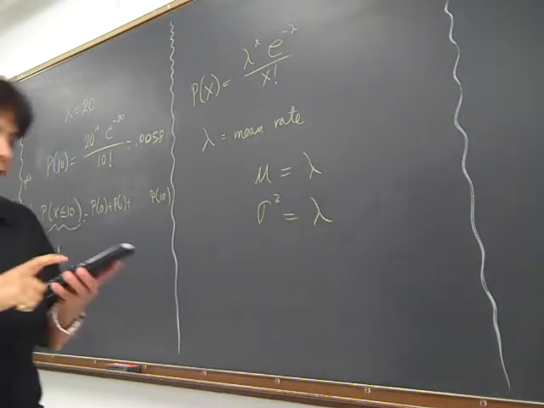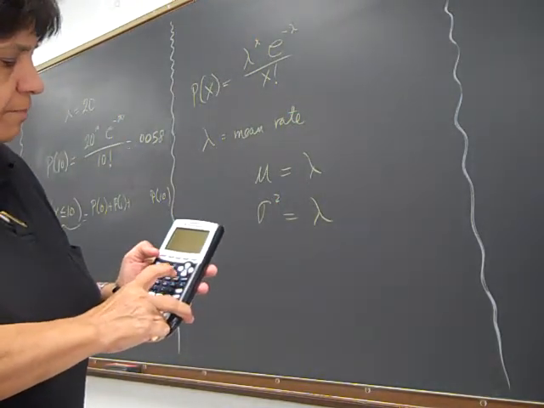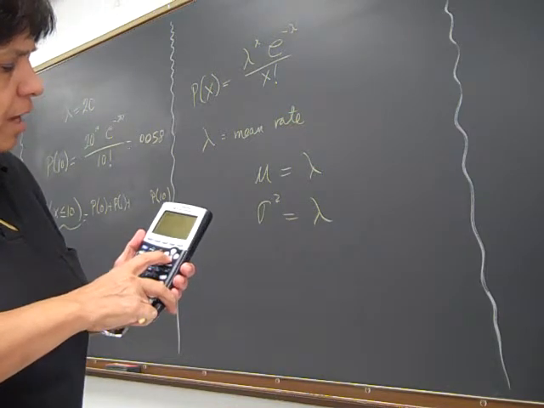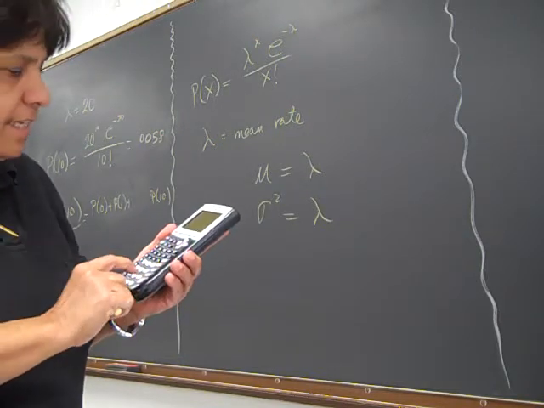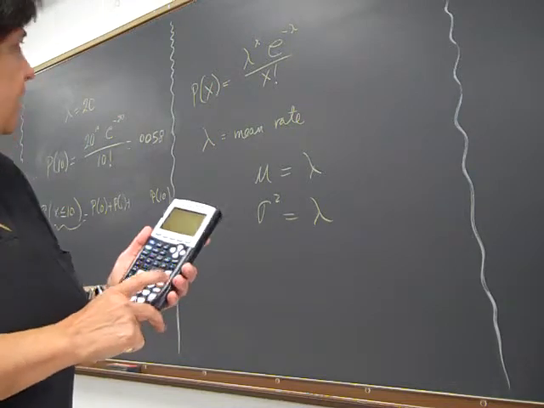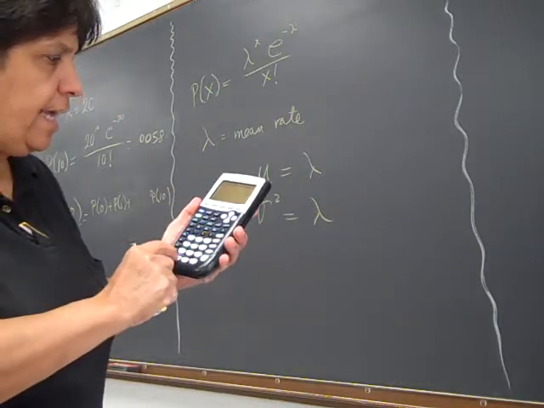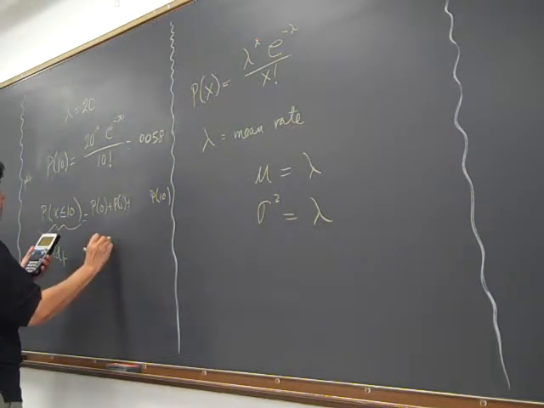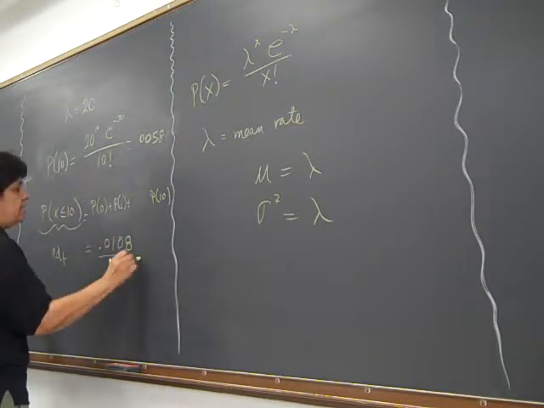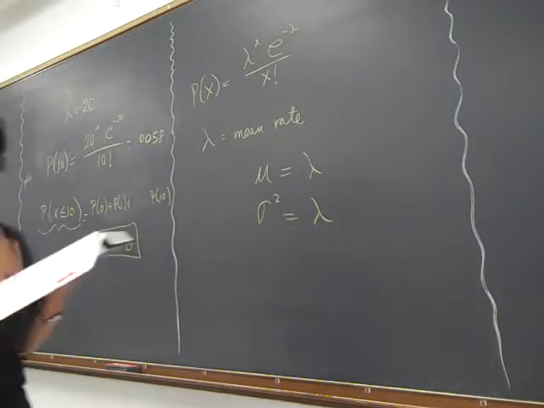So in your TI-84, go to distributions, scroll down to Poisson CDF, hit enter, and it asks for the lambda, comma, and less or equal than what, than 10. Hit enter, and the probability is equal to 0.0108. That is the same probability you would get doing it manually, 0, 1, 2, 3, 4, up to 10, and adding all those numbers.